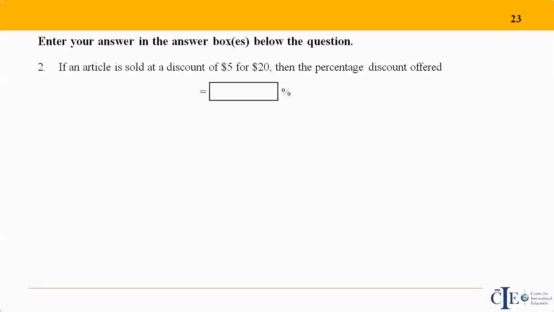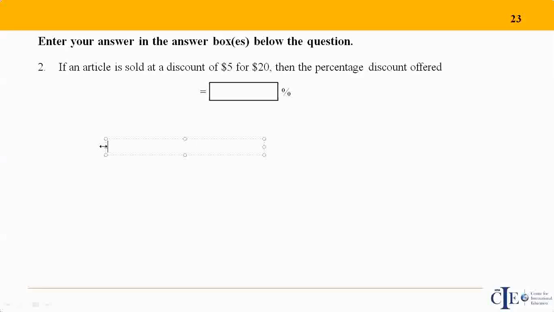20%, 20. An article is sold. That's the selling price, right? It is sold at a discount of $5 for 20. So when I say for 20, was this 20 the original price or the final selling price? The 20 that you have is the selling price or the original list price.